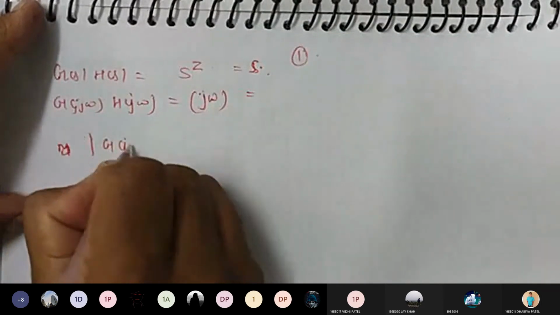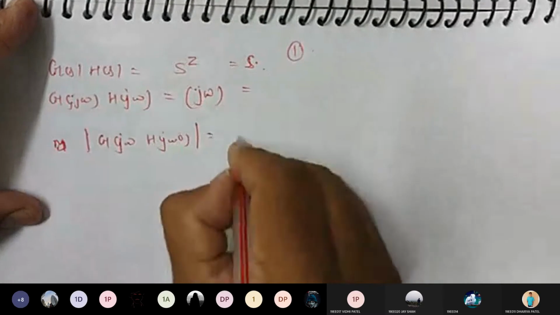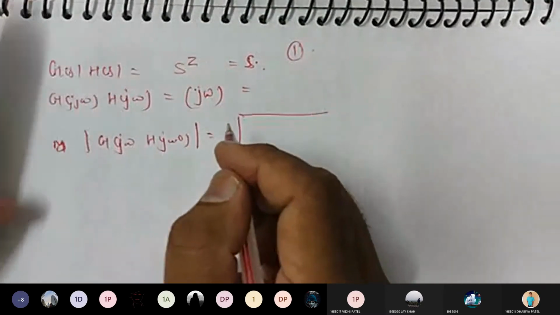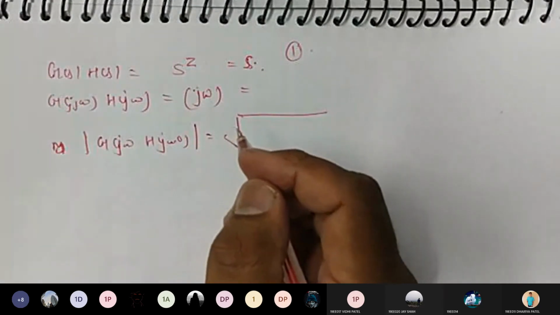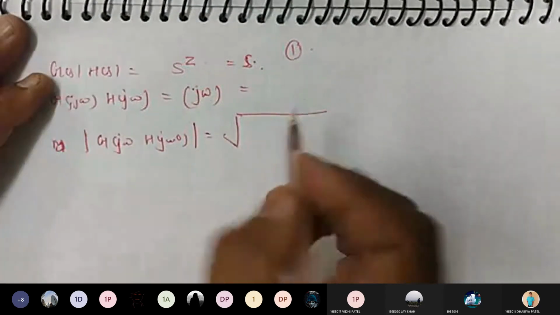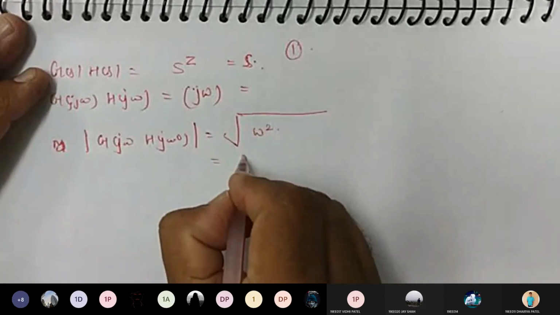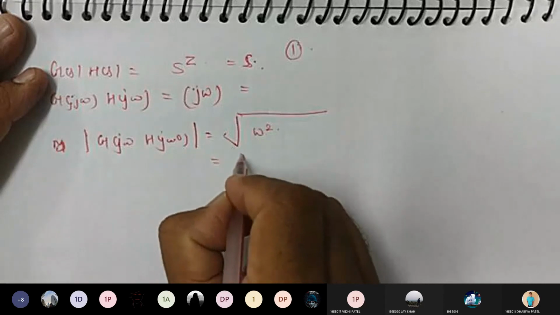So g of j omega into h of j omega is under root real part square plus imaginary part square. So the answer will be omega square, omega.